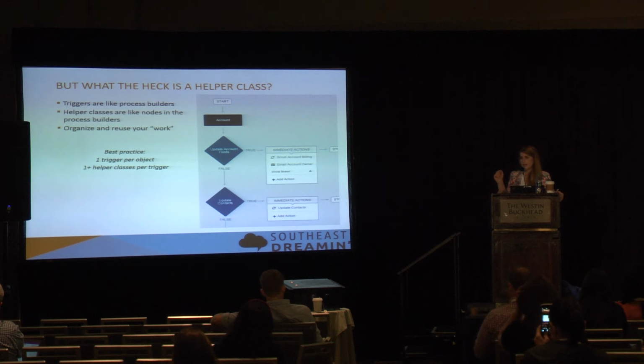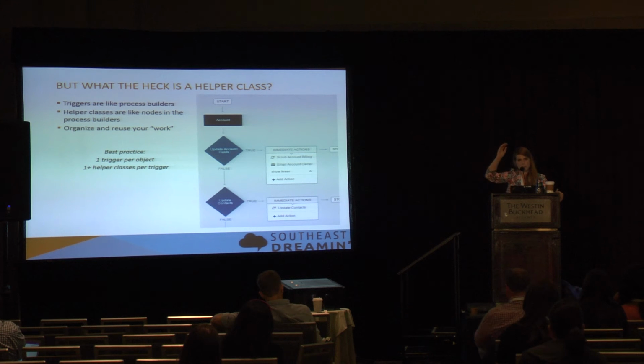So if we think about a helper class, instead of writing your step-by-step instructions in the trigger, remember you have to tell the system exactly what to do and when to do it. Instead of putting all of that stuff in the trigger, you have one trigger that says to its friend, the helper class, I have a record, what do I do with it? And then the helper class says, in this order, this is what you're going to do to it, right?